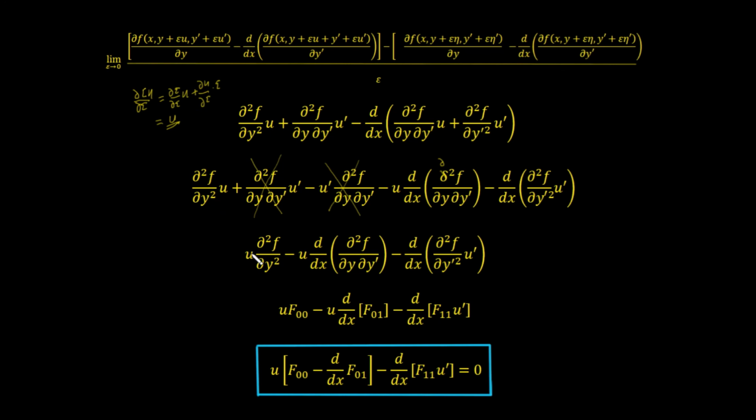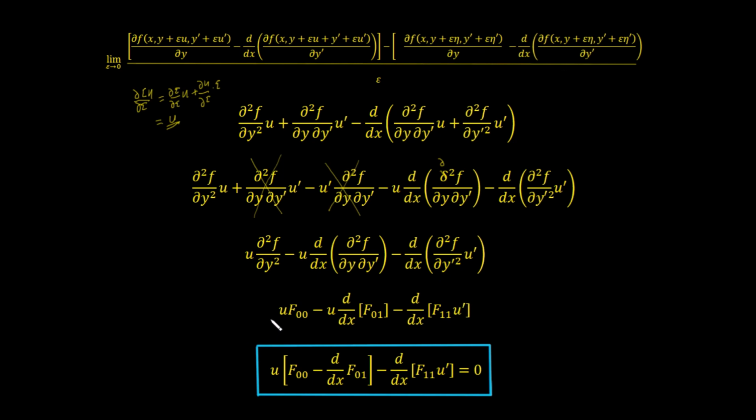So the three terms are going to be our u partial squared f by partial y squared. And we've got this term here, which is this term. And we've got this term here, which is this term. So now if we were to replace the partial squared f by partial y squared with our simplified nomenclature, that would just be u f00, and then this one here would become u minus u d by dx f01, and this one is minus d by dx f11, which is this one, times u derivative.